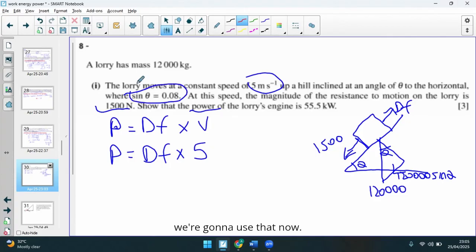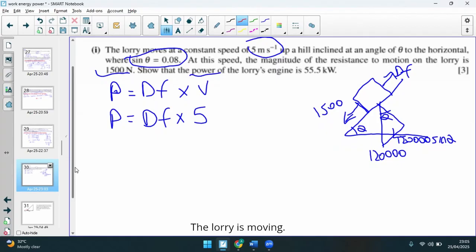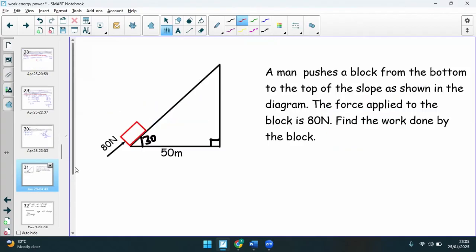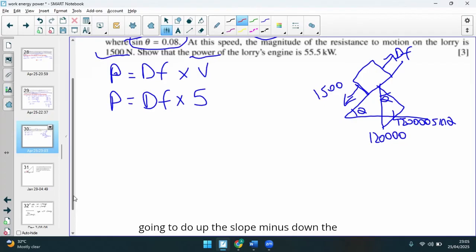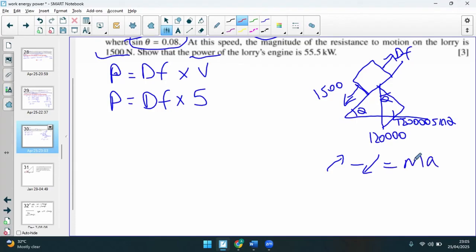Now, the lorry is moving up, right? So we're going to do up the slope minus down the slope equals ma. Now, going up the slope, we only have the driving force. Going down the slope, we have 1500.